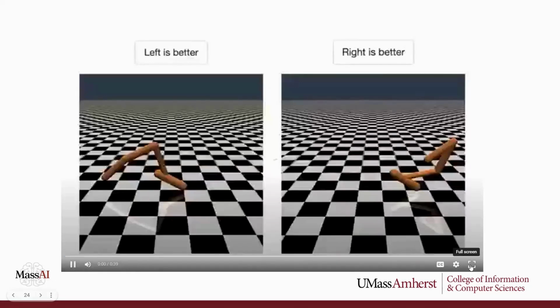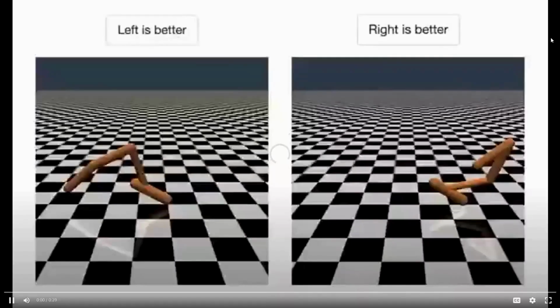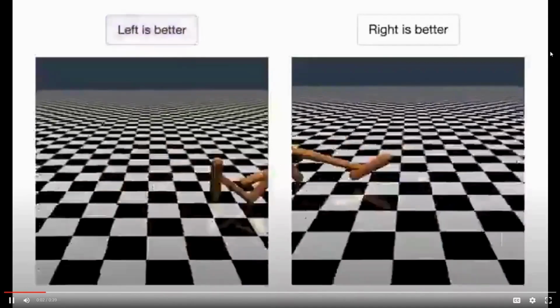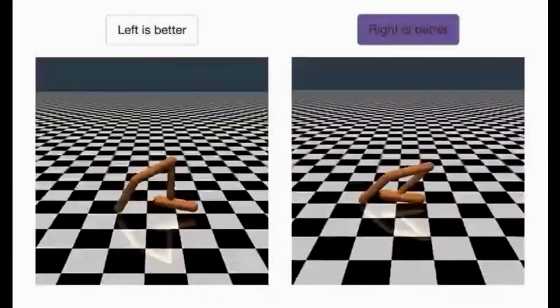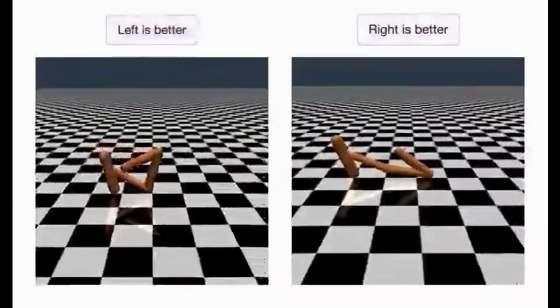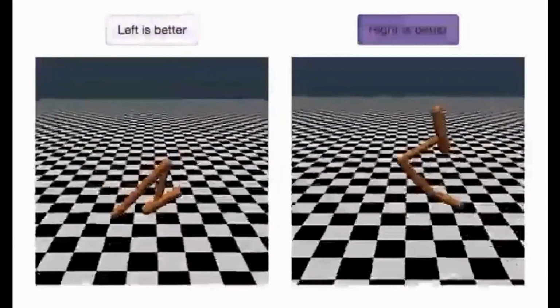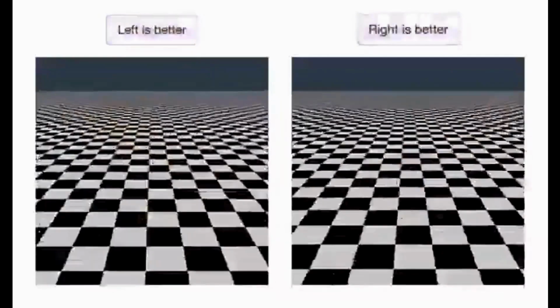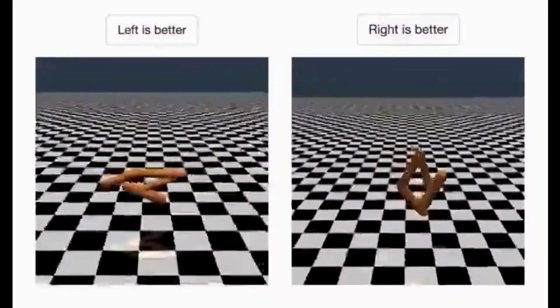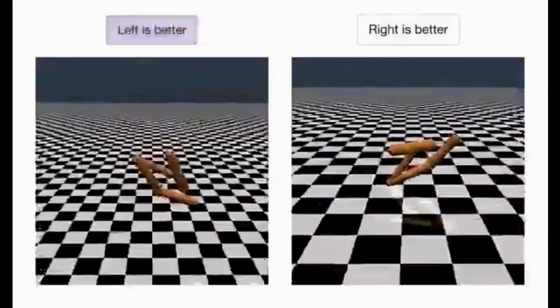As you can see here, the user is directing the model which one is better. So right is better, now left is better. And this stick pole is trying to do a backflip, by the way. So at the end, it should be able to do a backflip.